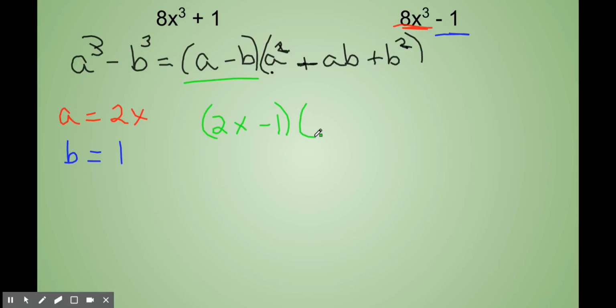We just said that the quantity of 2x squared is 4x squared, plus ab, so plus 2x times 1. Not 2b, sorry about that. And plus b squared, 1 squared is 1. And that is how we factor the difference of cubes.